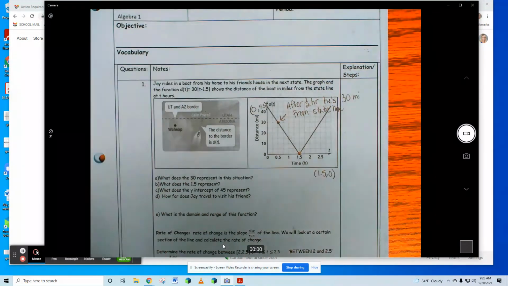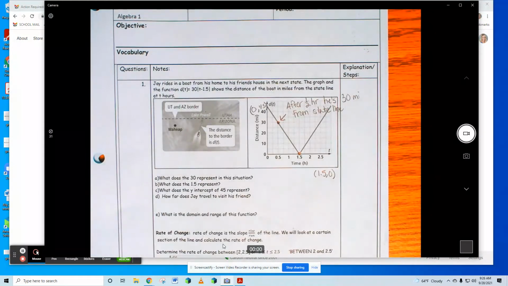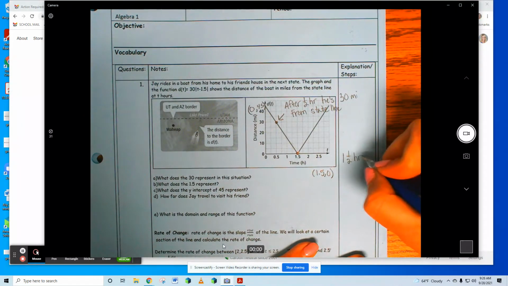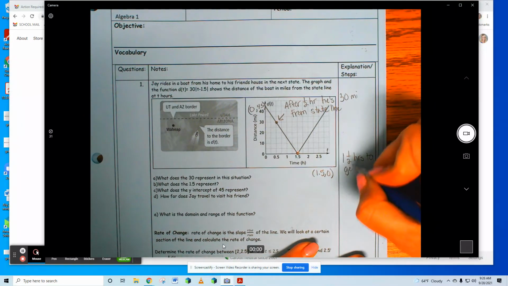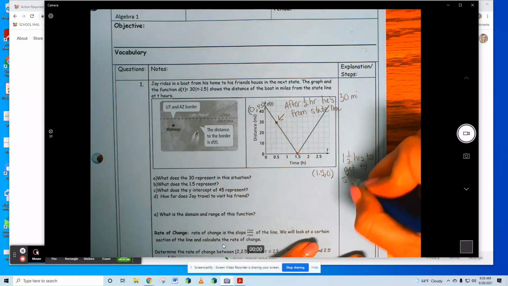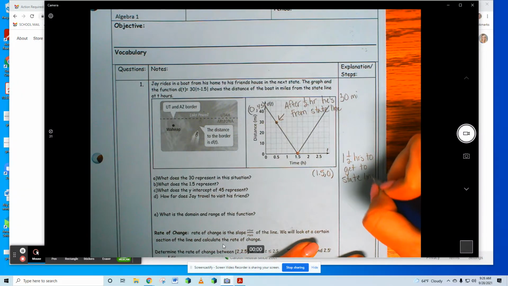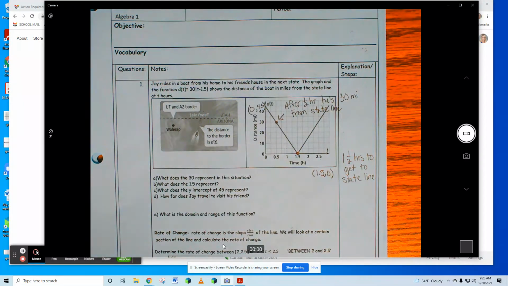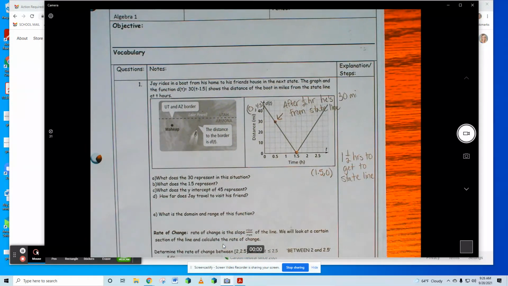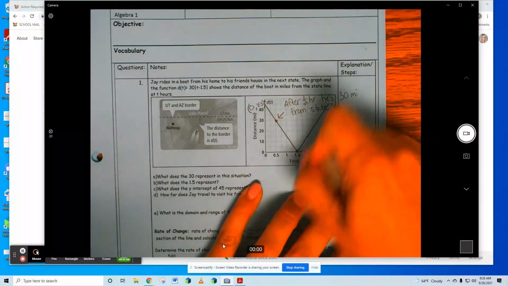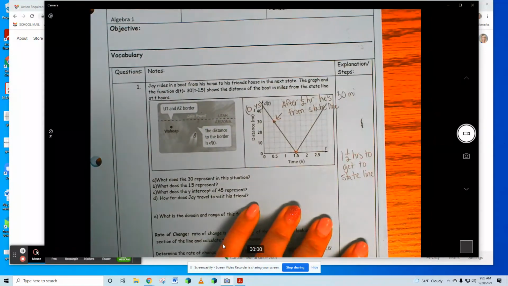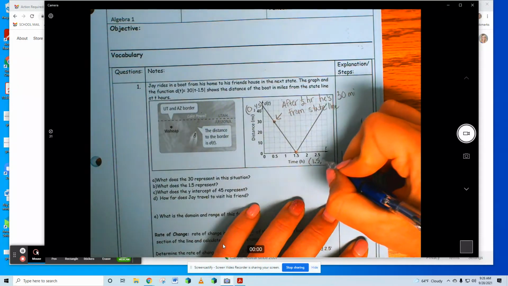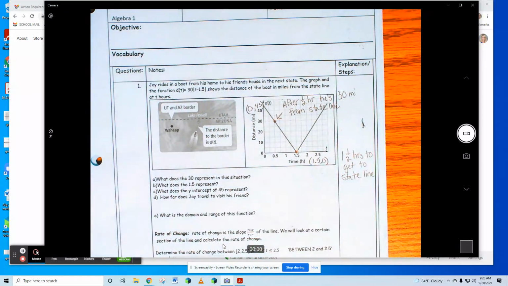That means that it takes him an hour and a half, 1.5 hours to get to the state line. Over 1.5, up 0. That's the x-intercept.